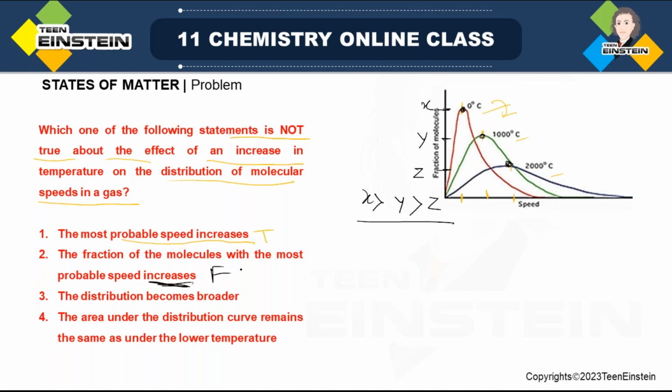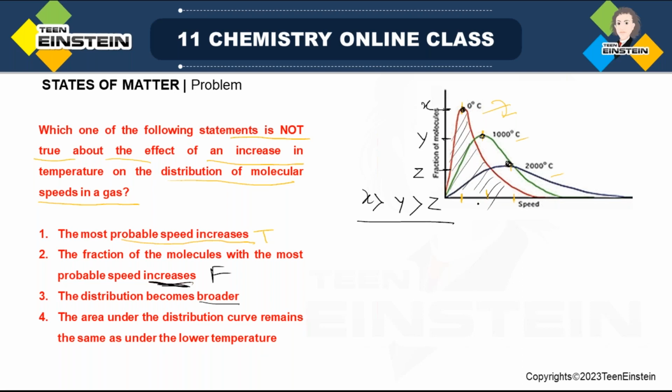It is false. Now how are the other two statements correct? Because we have already reached our correct option. The distribution becomes broader. That is very easy to understand, right? And the last point, the area under the distribution curve remains the same at all temperatures. So whatever your temperature, this is the total area, suppose you are considering the red line.